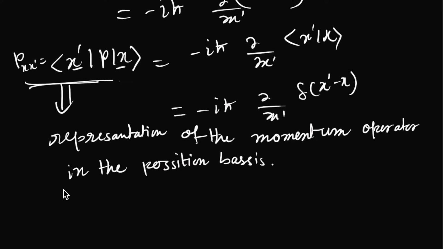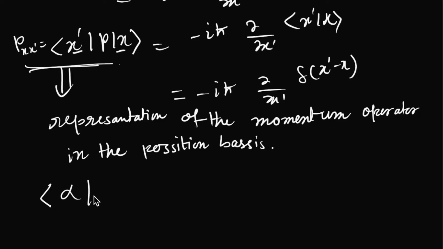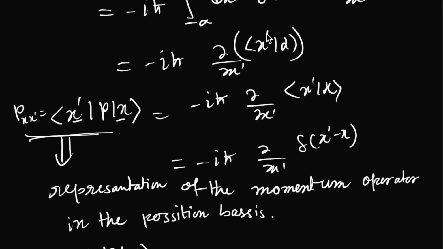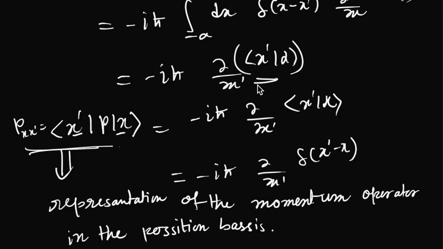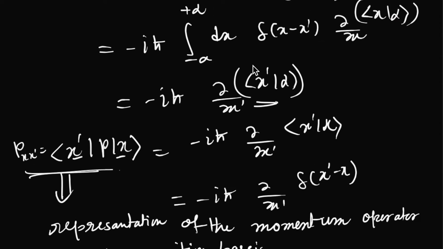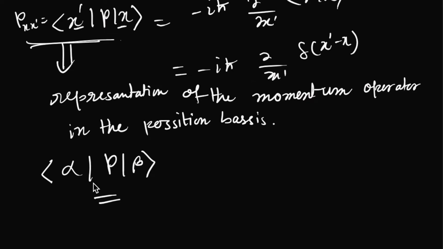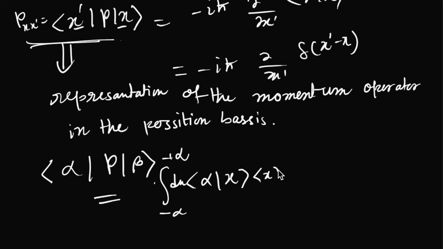Now let us check another thing. What will be <alpha|p|beta>? From this relation we can write it. Now let us impose another thing here, the completeness relation of position basis. So it will be integral from minus infinity to plus infinity dx <alpha|x><x|p|beta>.